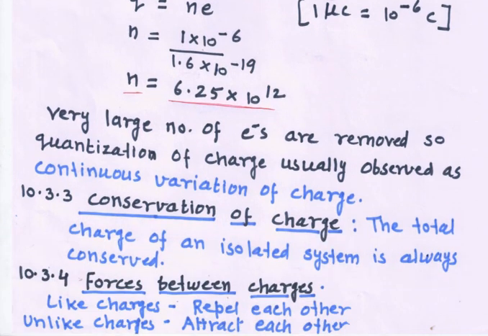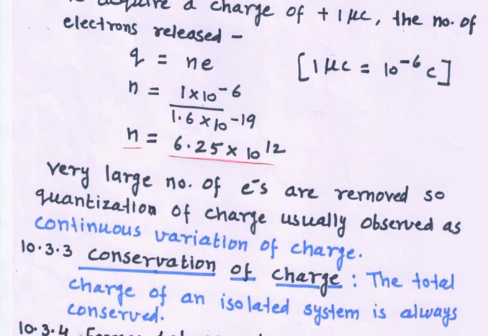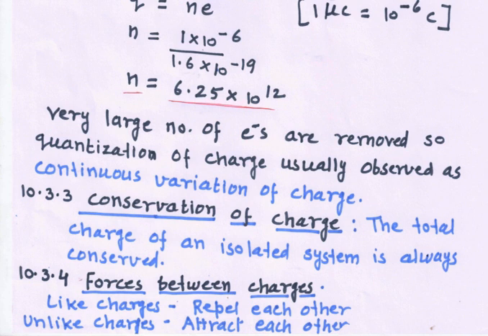Is that clear? So you can solve a number of examples based on Q equals N e. Charge is important, and sign is important. If you want to charge a body positively, the charge will be plus. It means that electrons are leaving this object and entering somewhere else.